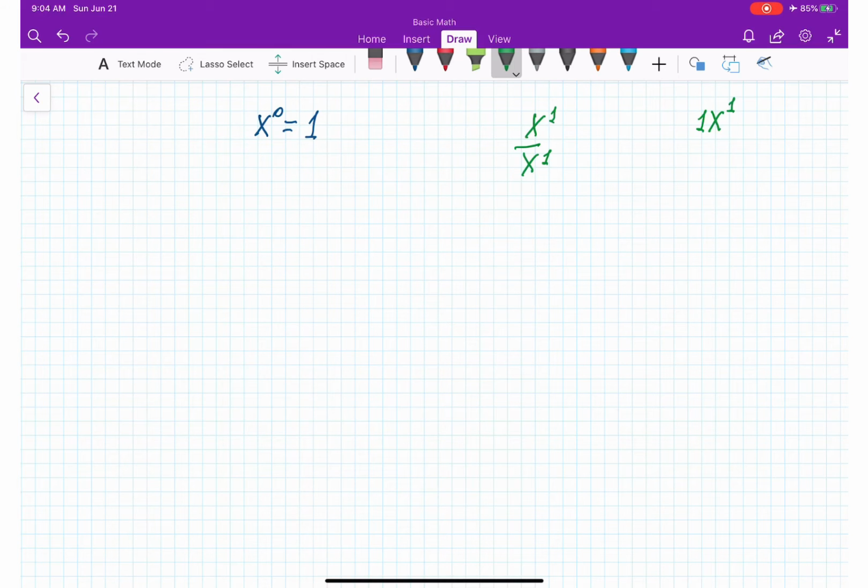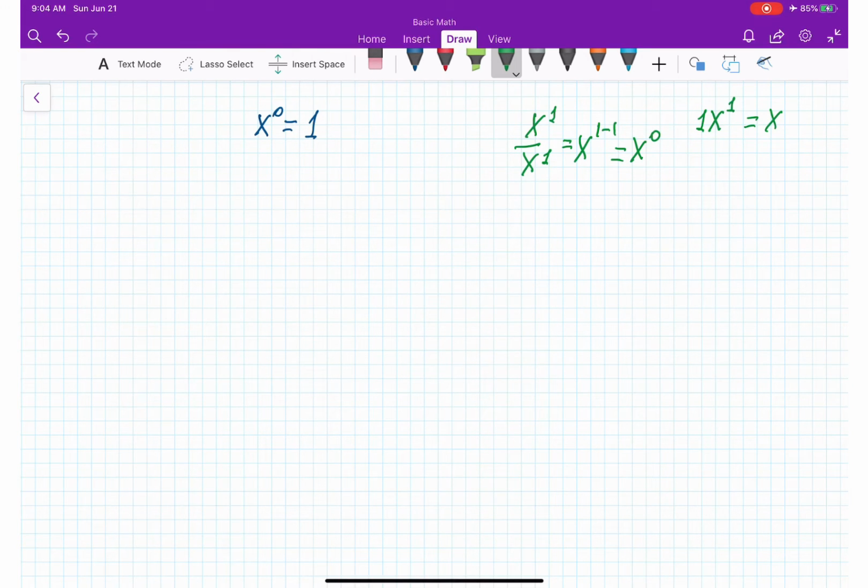So x or x to power 1. And based on the rule of division for powers, we get x to the power 1 minus 1, and that is equal to x to power 0, right?